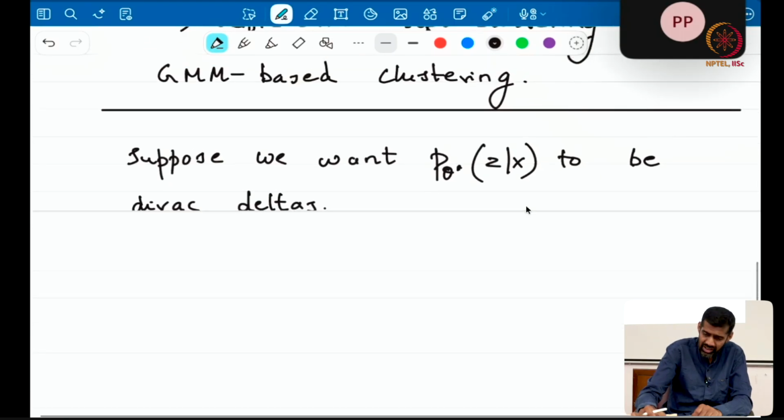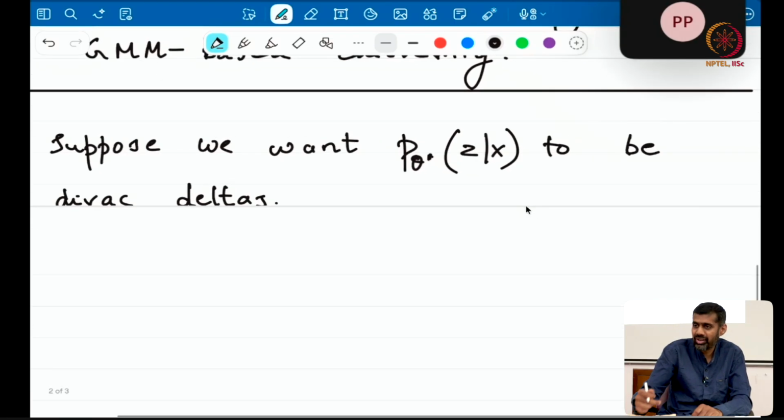Of course, you can take the maximum out of it, but that is a post facto thing. Can we put some constraints on the way our mixture components are, so that by construction P theta of z given x becomes Dirac delta? We can make it fixed support. Correct.